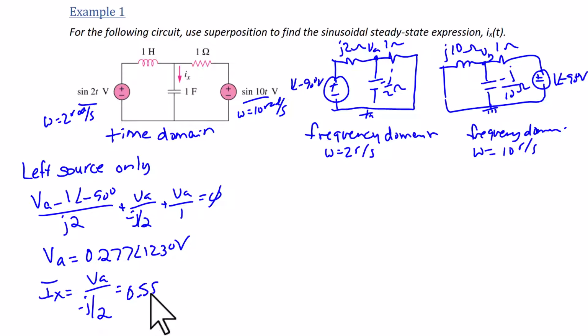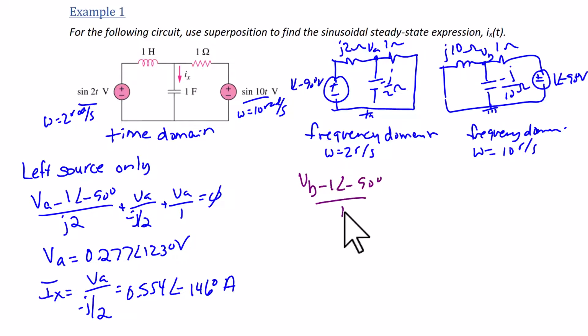And we get that VA is equal to 0.277 with an angle of 123 degrees, and the units are volts. IX would be VA divided by negative j over 2. So IX is equal to 0.554 with an angle of negative 146 degrees.